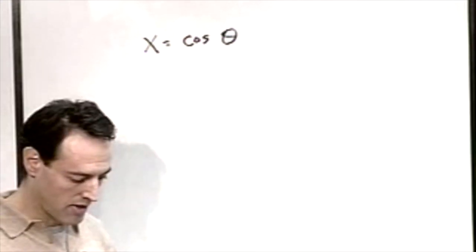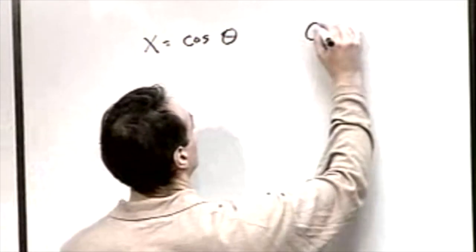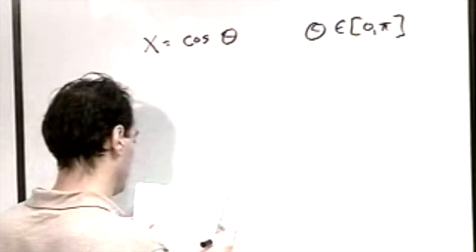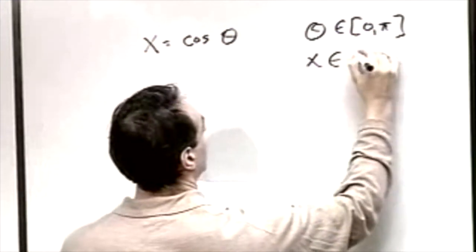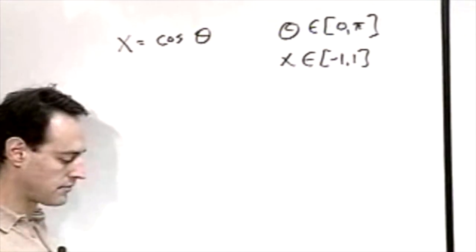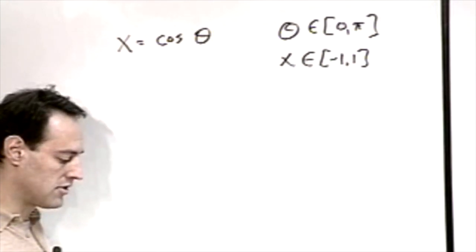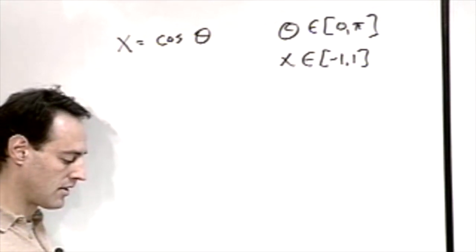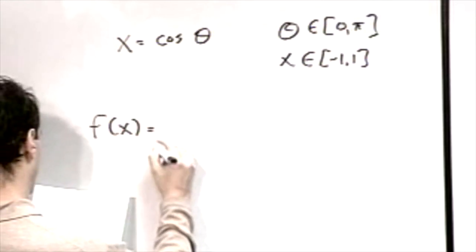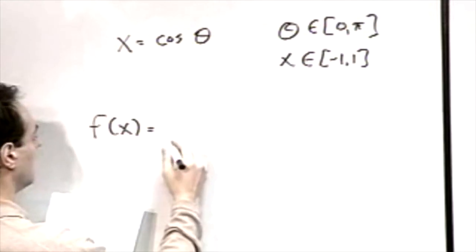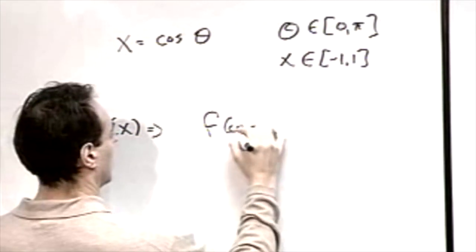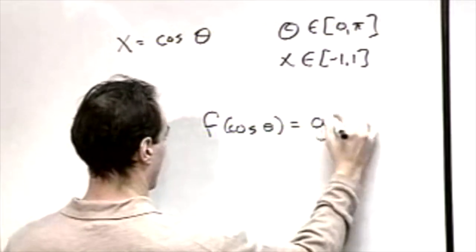My x was just cosine theta, and theta is on this interval for x on that interval. Okay? Now, a couple of things to notice. If we consider a function f of x, that's going to be some function f of cosine theta, which is going to be some function of theta.